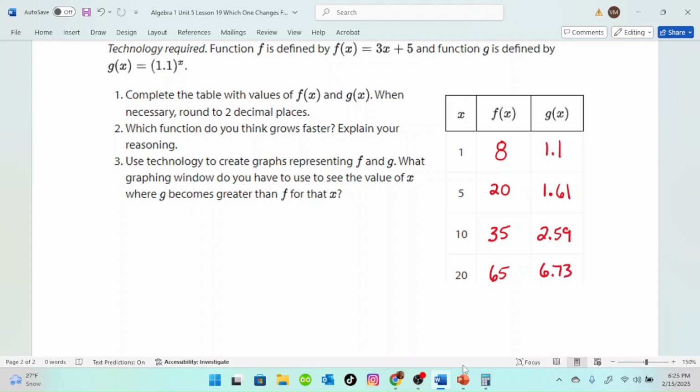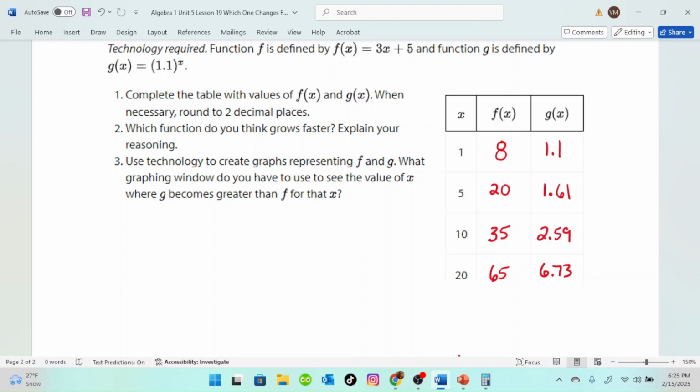Now, number 2 wants to know which function do you think grows faster? Explain your reasoning. Well, if we look at f of x, it's grown from 8 to 65. That's an increase of 57. G of x has only grown from 1.1 to 6.73, an increase of 5.63.